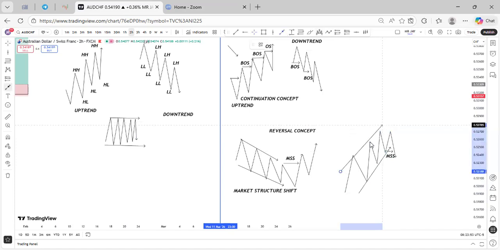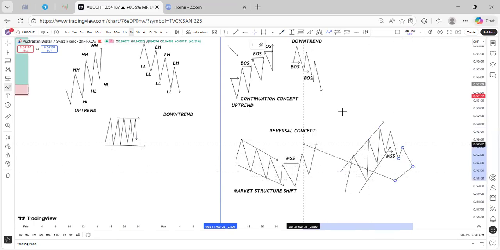We are preparing to enter another trend. Once we had that market structure shift, the market starts changing its direction and moving in another direction. So this is basically what the reversal concept looks like.